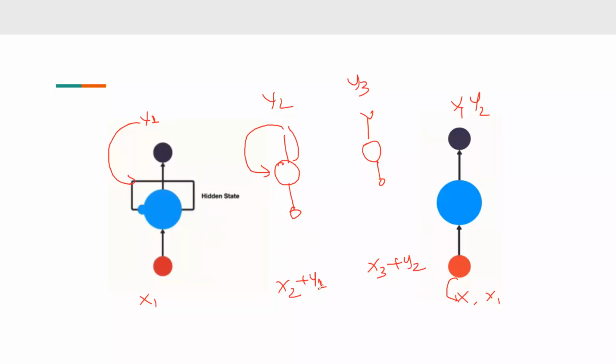Now just consider I'm passing some text like hello, H E L. In the first timestamp, suppose this was time t. At time t, I have passed H, and it had output something. Now t plus 1, this is my new time.